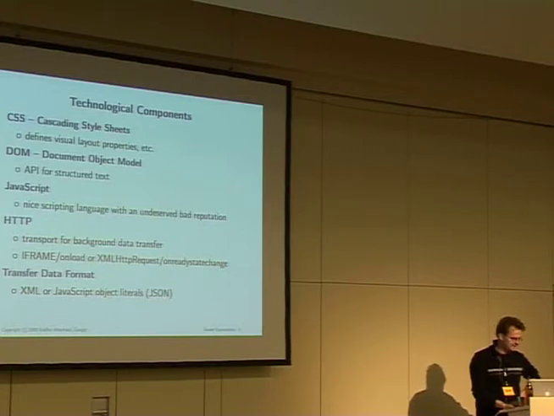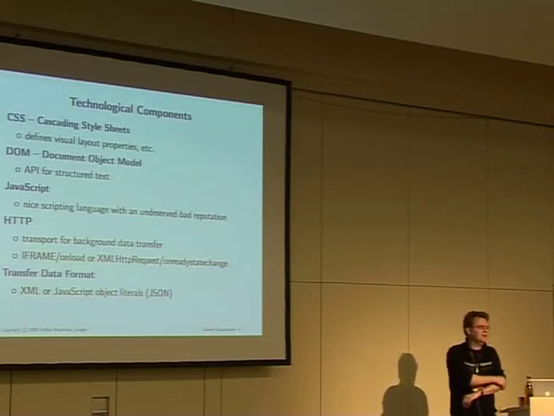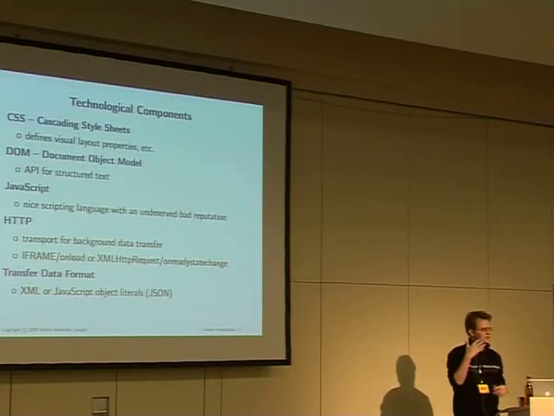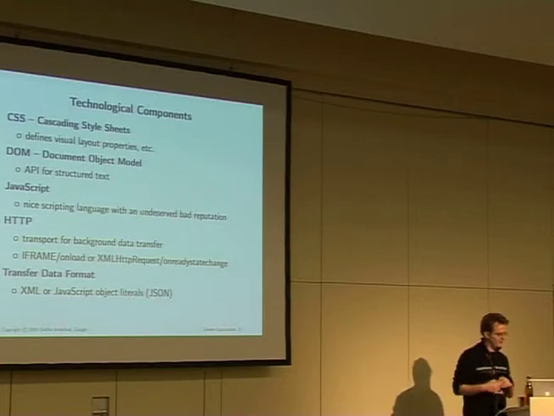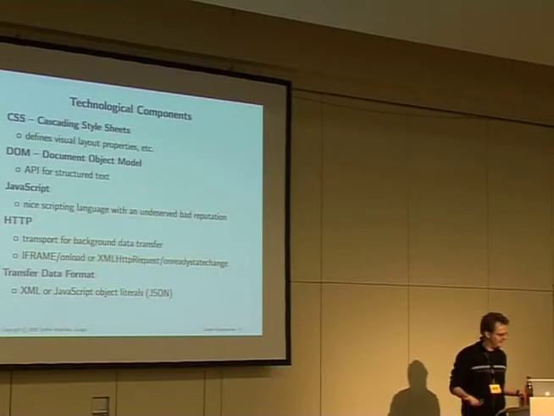So the next big thing that goes into Ajax-based web applications is, of course, HTTP. And in particular, you have to have a programming interface to HTTP as well. So if you want, from your JavaScript application logic, to talk to the server, then you have to have an interface to it.